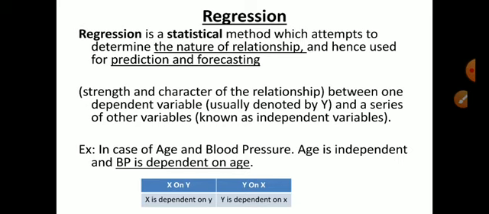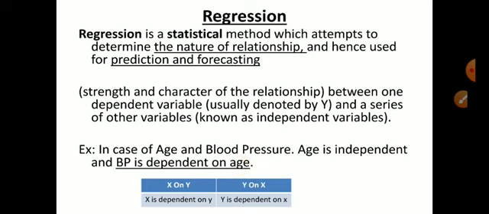That means here age is independent and blood pressure is dependent on age. In x on y equation, x is dependent on y, and y on x equation is nothing but y is dependent on x.